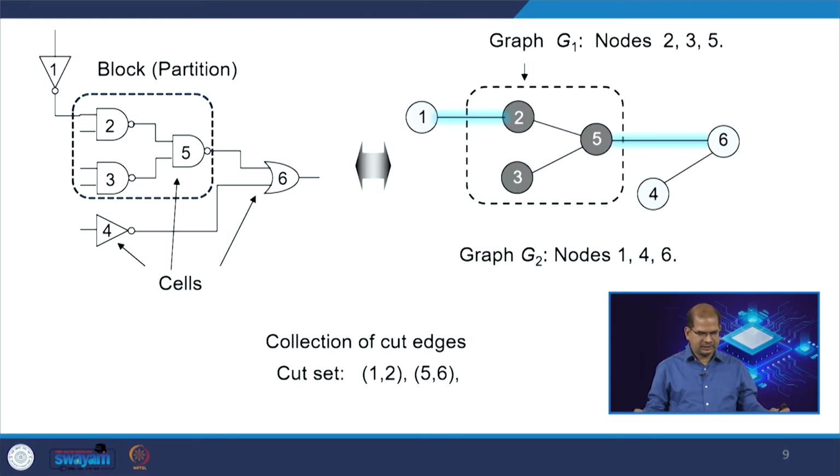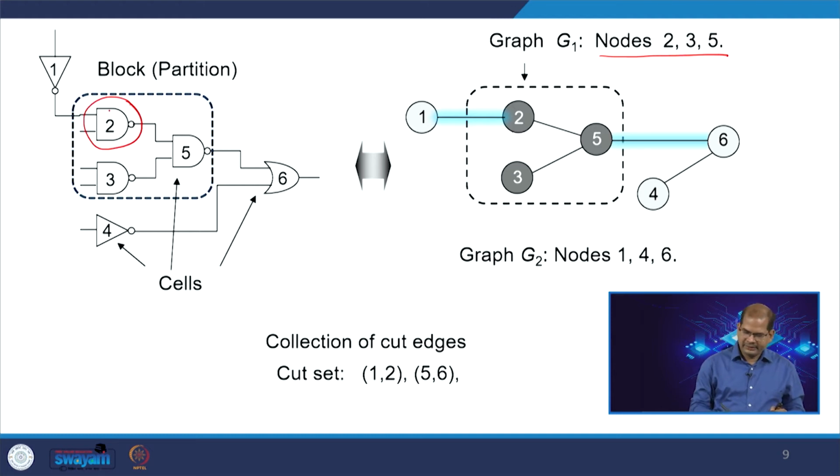Let us take an example here. I have a circuit here, and this circuit is easy to represent using graphs, as we discussed in our previous discussion. So, if you can see here, the graph G1 contains the nodes 2, 3, 5. 2 belongs to this NAND gate, 3 belongs to this NAND gate, and 5 belongs to this NAND gate.